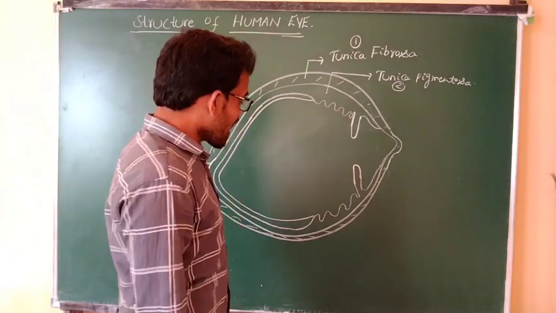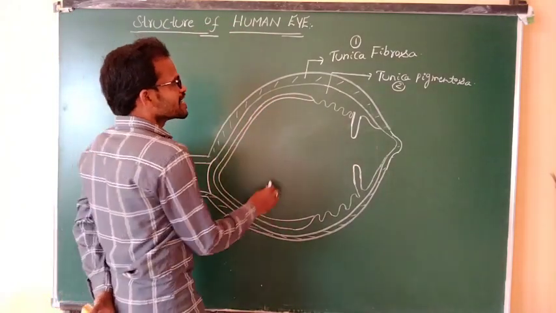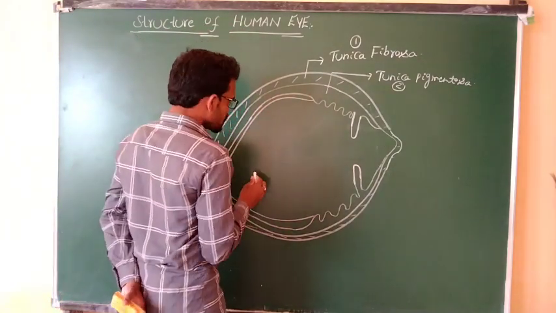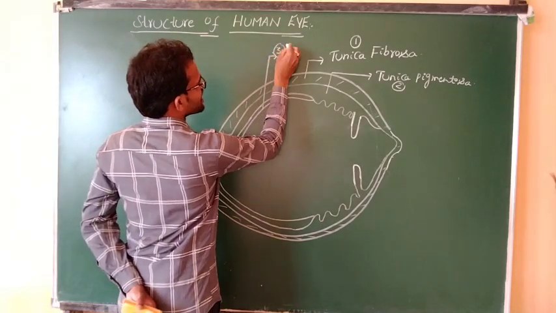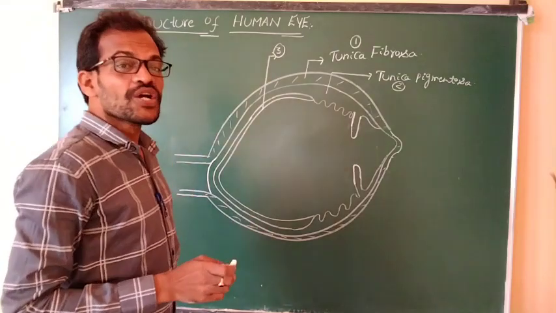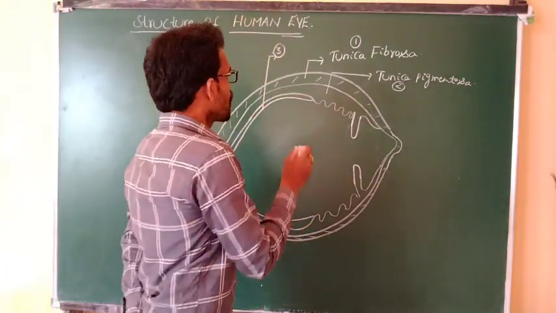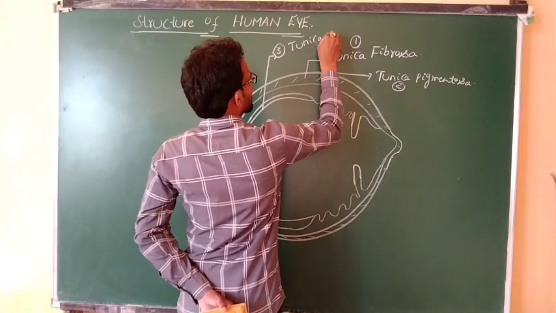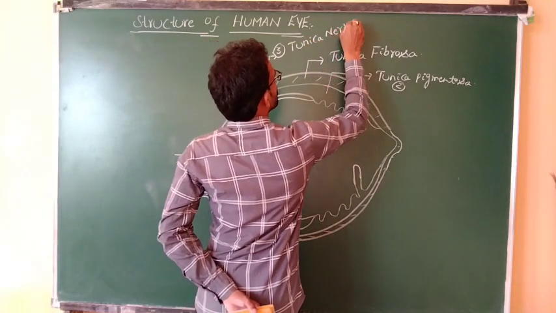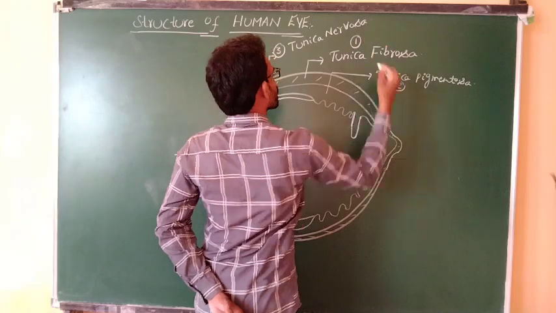The third layer of the eye, see here. What is the third layer of the eye? Retina. It is known as the tunica nervosa.